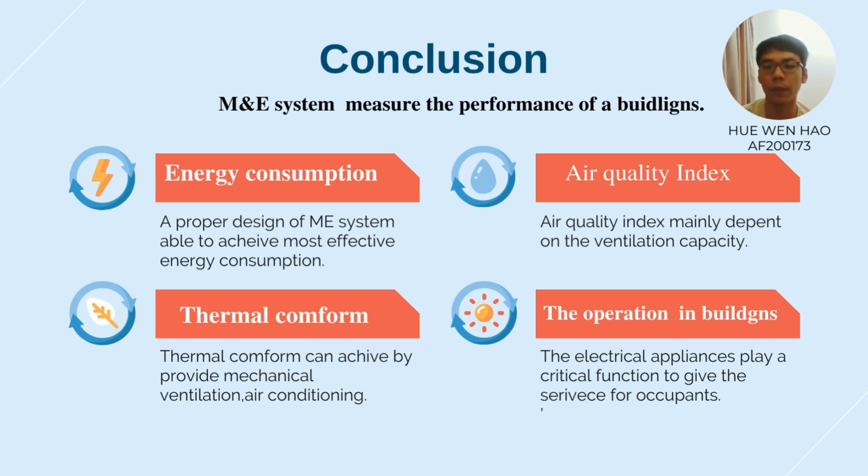The thermal comfort of the buildings can be achieved by providing mechanical ventilation and air conditioning. The operation of the buildings: the electrical appliances play a critical function to give service to the occupants.